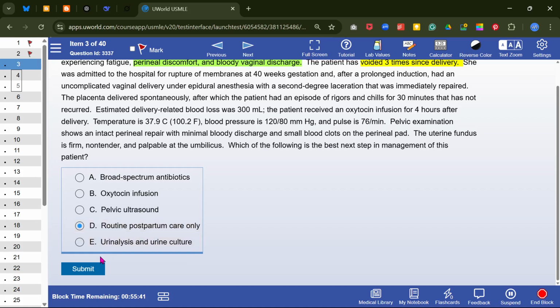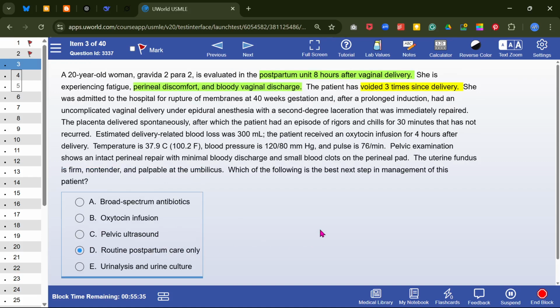Fever, there is slight fever, and episodes of rigor.